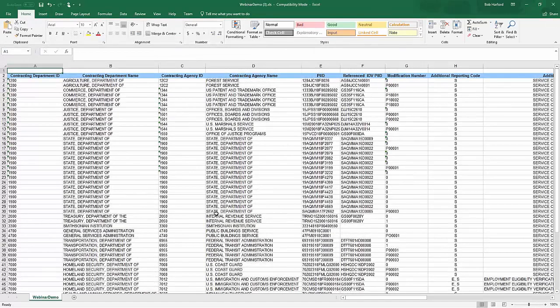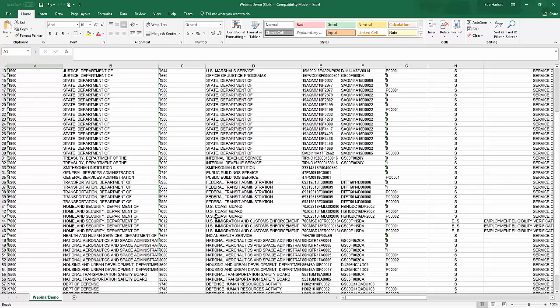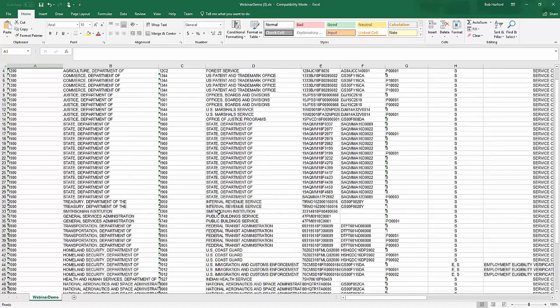I still don't see anything along those lines. Well, I think we have one person from Justice here, so let's look at this one.